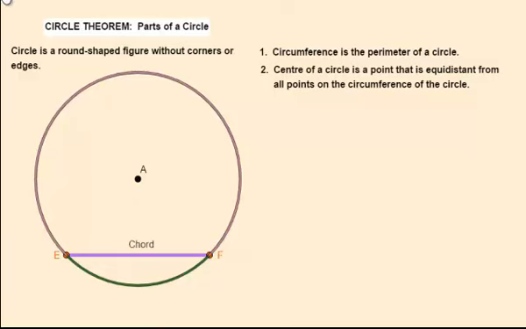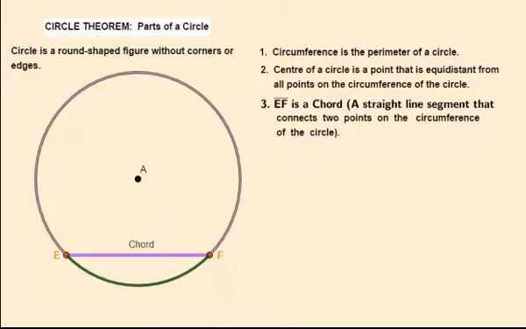So this chord is EF. And what is a chord at all? It is a straight line that connects 2 points on the circumference of the circle. So on the circumference, we have the point E and another point F. These are connected by a line, and the line is what we call the chord.